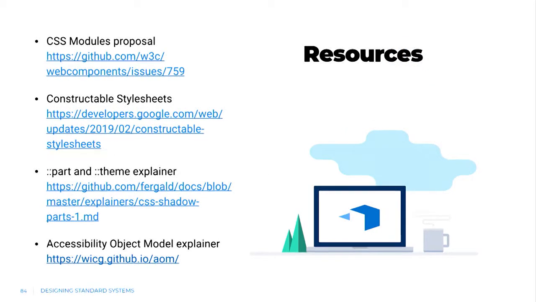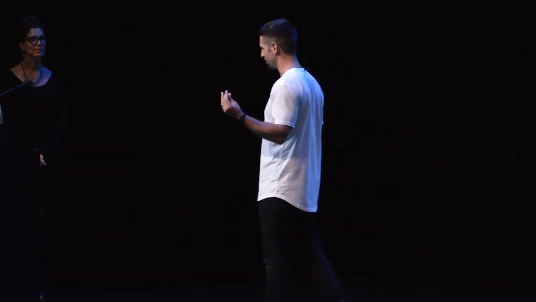Here are some resources that I wasn't able to really get into detail about, but that I find quite interesting as they relate to the Shadow DOM. There's a new proposal by Microsoft based on the CSS module proposal. Basically, no more of those Webpack style loaders, all that type of stuff. The browser is just going to let us import a CSS file into our JavaScript. That's pretty cool.